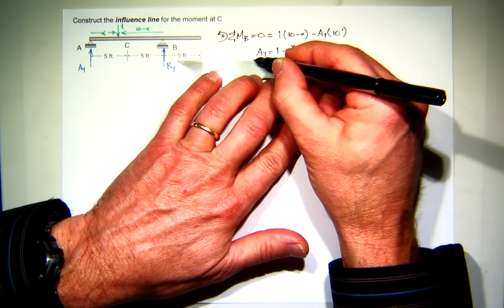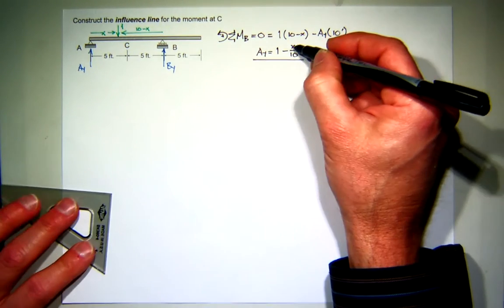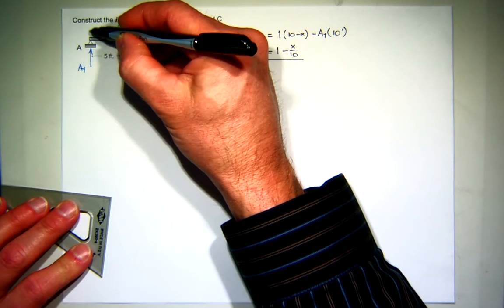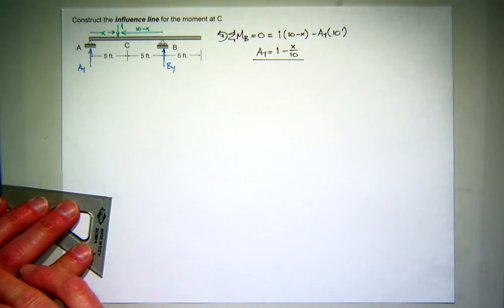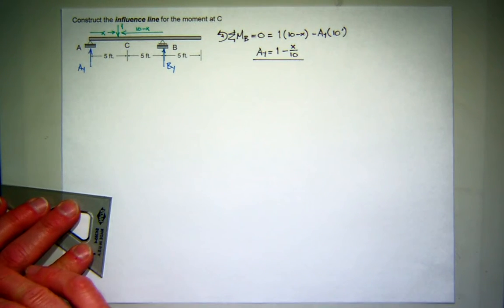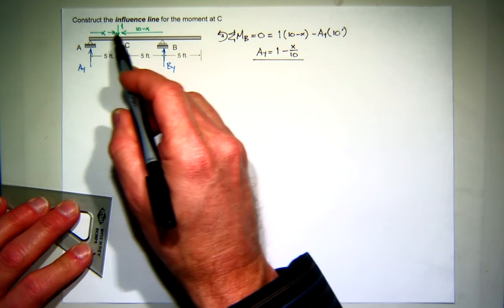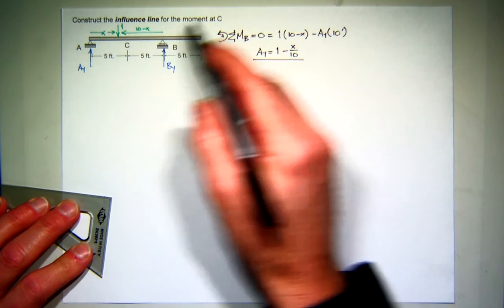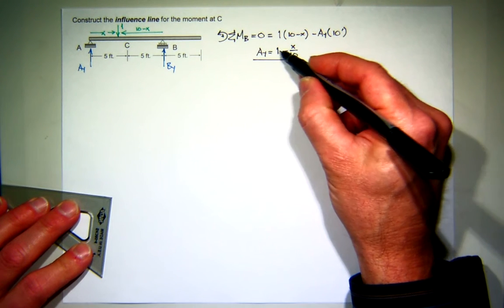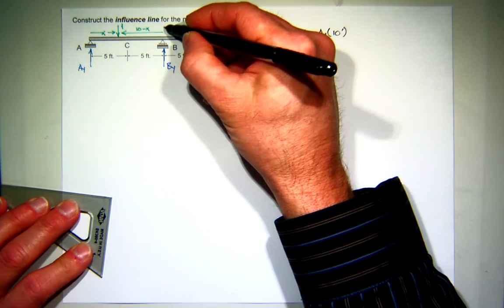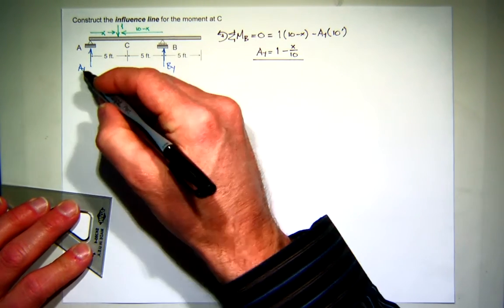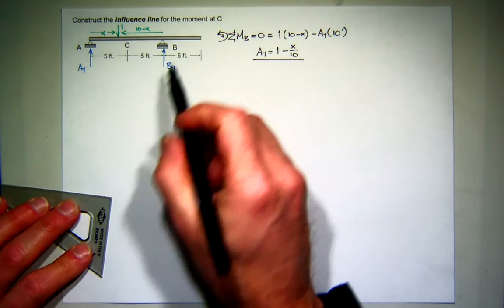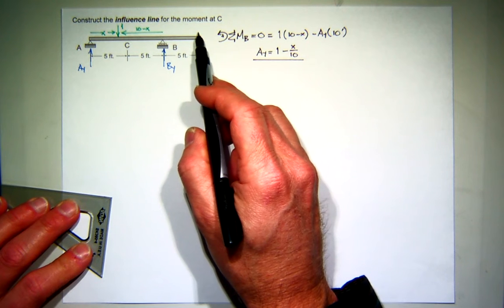And that makes sense. We can always check it. So when X is 0, which means my unit load is right above A, the reaction at A is 1. When I go all the way over to 10, 10 over 10 is 1, 1 minus 1 is 0, so when the unit load is right here above B, AY is 0. Now what happens when it moves to the right?